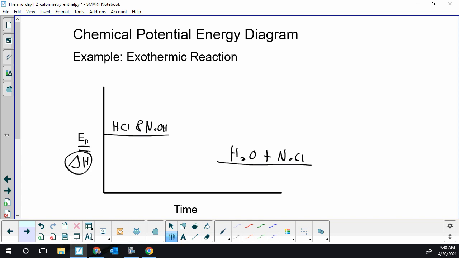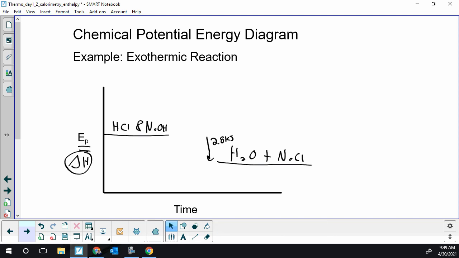And again, the reason I put the products lower on this diagram is because of that minus. The difference between where we started and where we finished is 2.8 kilojoules. I went down because of the minus, the loss of potential energy.